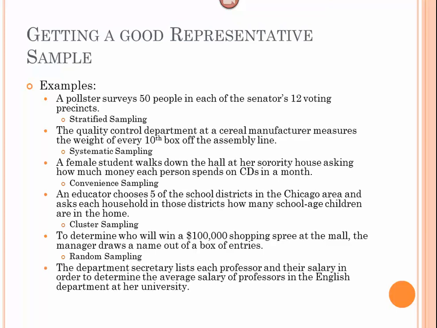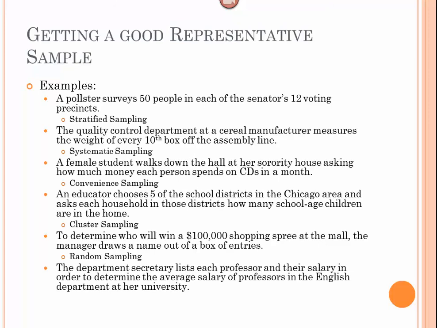And then the department secretary lists each professor and their salary in order to determine the average salary of professors in the English department at her university. This is a great example of a census. The department secretary in this particular study is only really concerned, and so their target population is, English professors at that university.